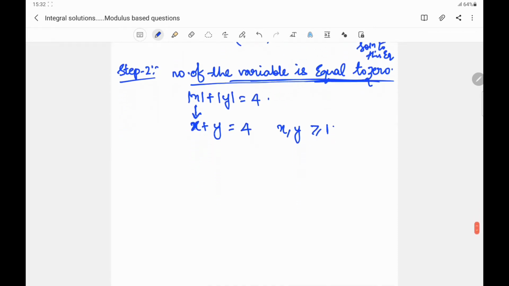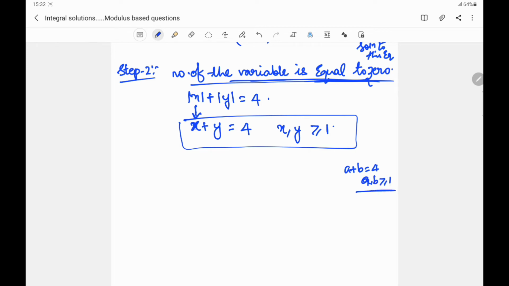So this brings us back to the first question which we have solved, where a plus b is equal to 4 and a, b were greater than or equal to 1. So we are using the gap method. So there will be 3 gaps. I'll select 1 gap. So this will give the number of integral solutions to this equation. Now in these integral solutions, one of the values is say 1, 3.